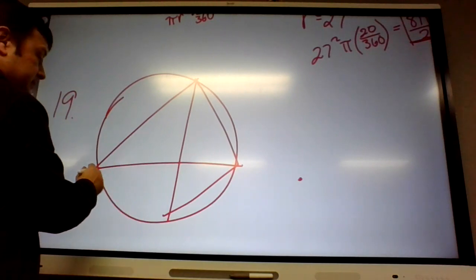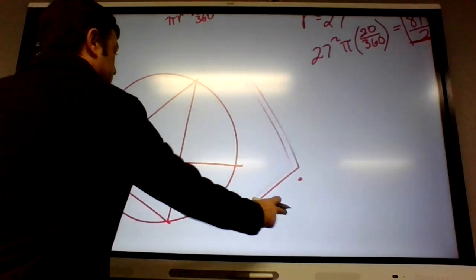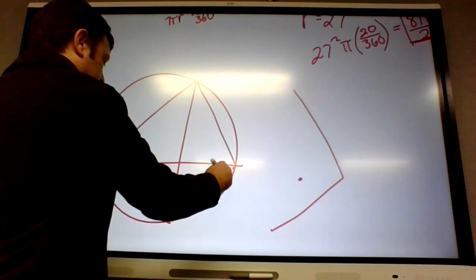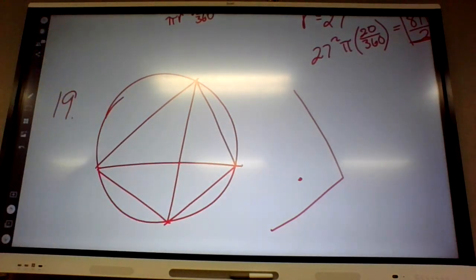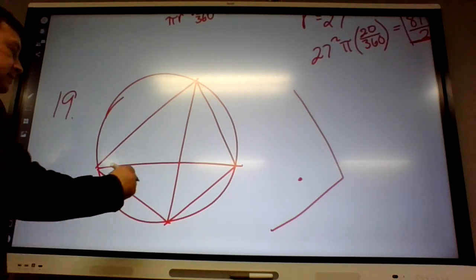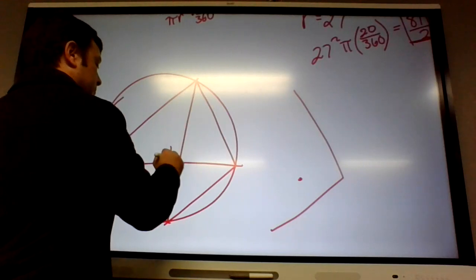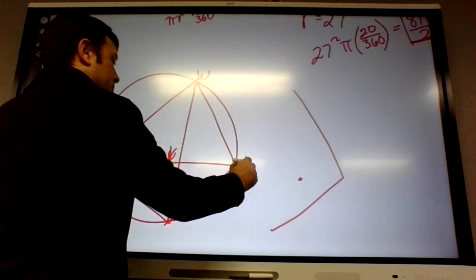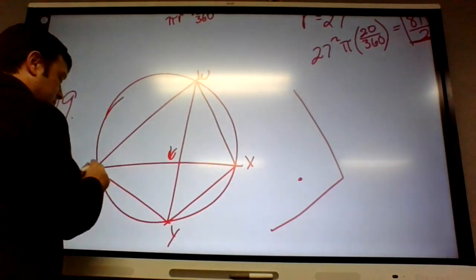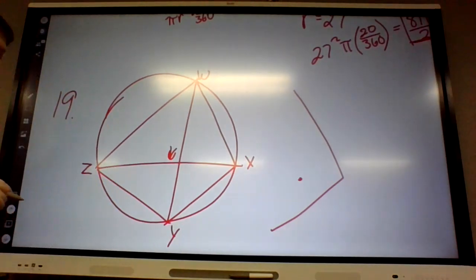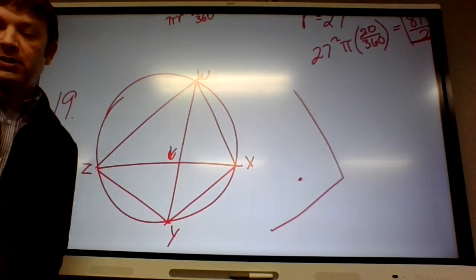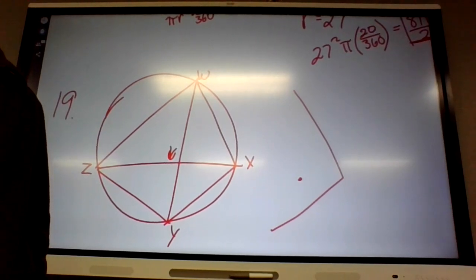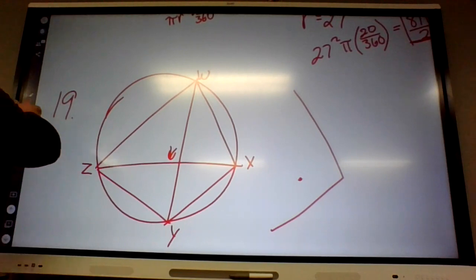Connect that. Yep. C, W, X, Y, Z. Okay, arc WZ is 105. I got blue here.